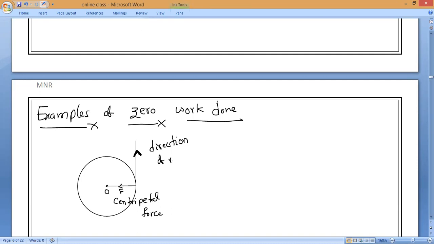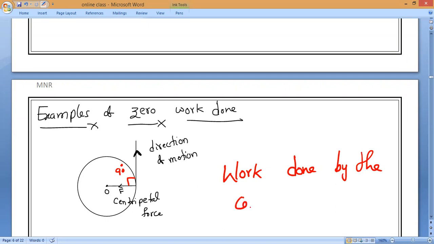Direction of motion. So what is the angle between them? Verify it and tell me how much the angle is here. At every point, what is the angle? 90 degrees. So the work done by centripetal force, is it zero work done, positive work done or negative work done?